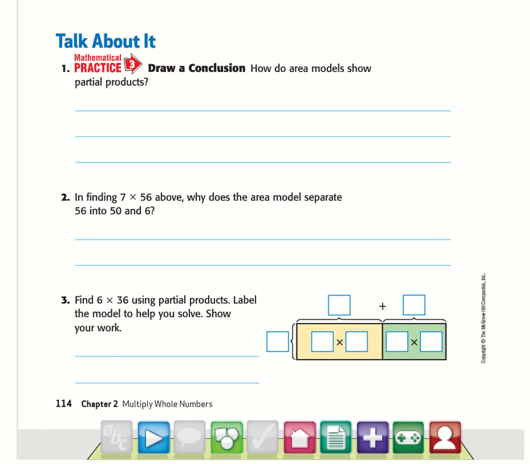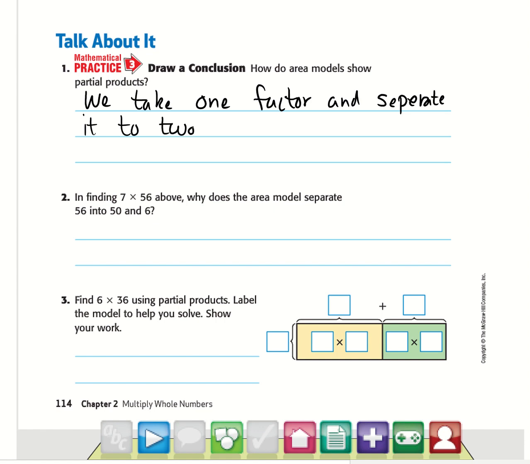Well, we know that we take one factor and separate it into two different sums.